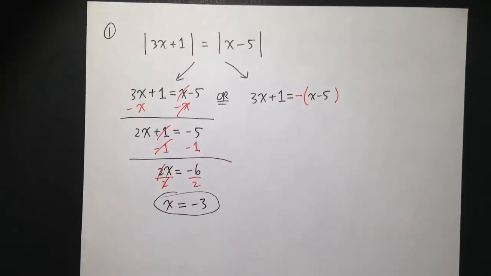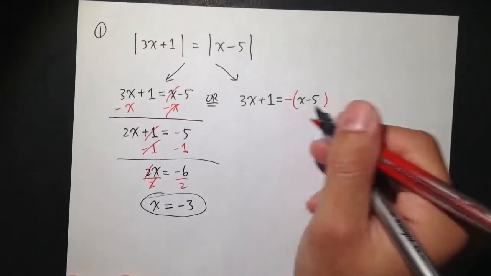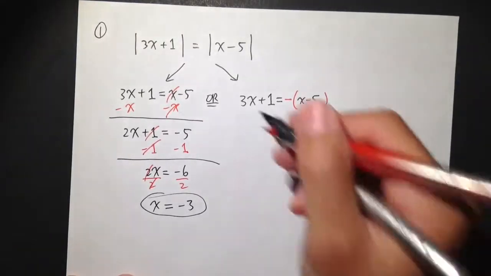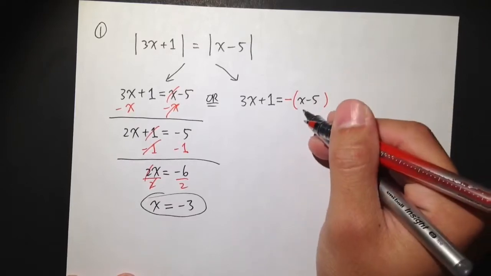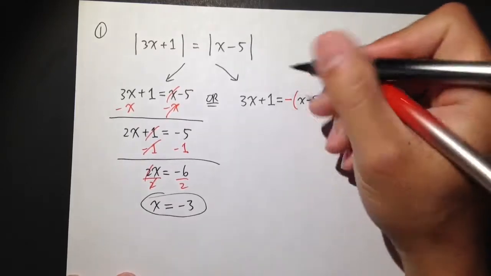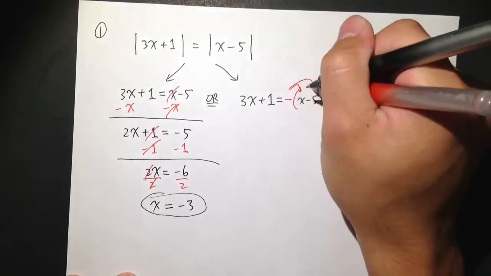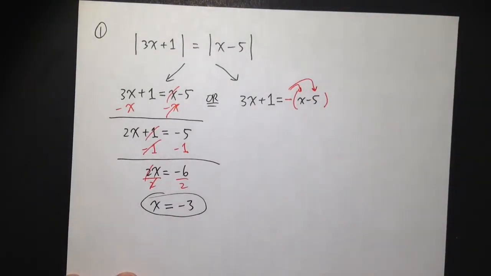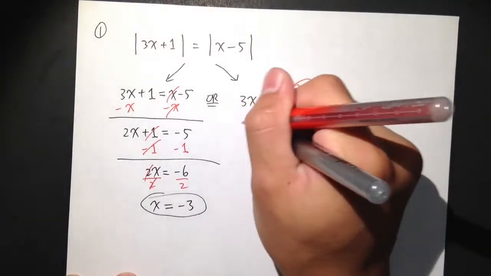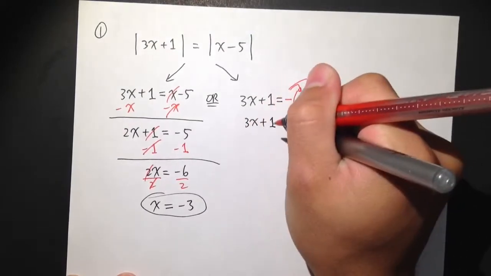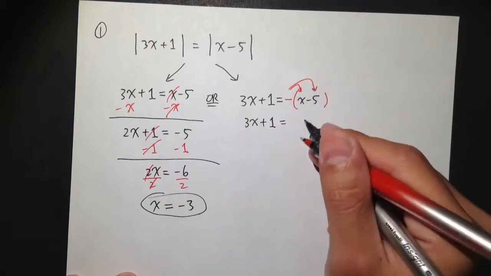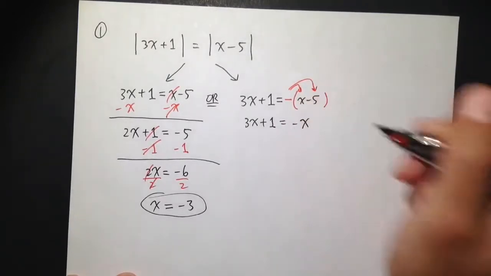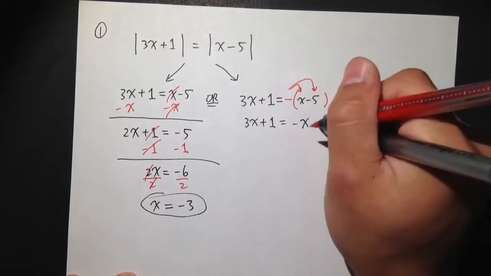Again, that's my first answer. In the second case, I have 3x plus 1 is equal to negative parentheses x minus 5. What I need to do first is distribute the negative into the parentheses. So I will get 3x plus 1, it stays the same, right? But on the right hand side, I will get negative x, and negative times negative 5 is plus 5.